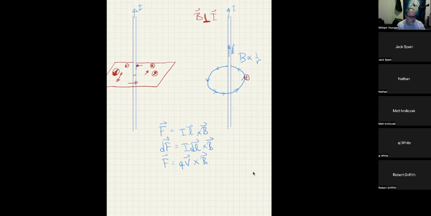Anyone? I will tell you that verbs are very relevant here. That positive particle is sitting there right next to the wire where the magnetic field, in fact, points into the screen. So what do you think the force on it is?